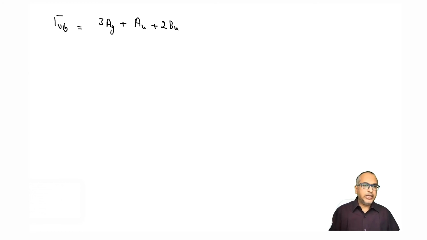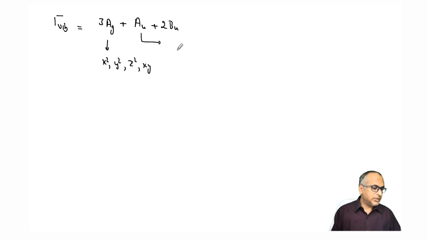So now if I see, Ag has the basis x square, y square, z square, xy. Au has the basis z, and Bu has the basis x and y, right?